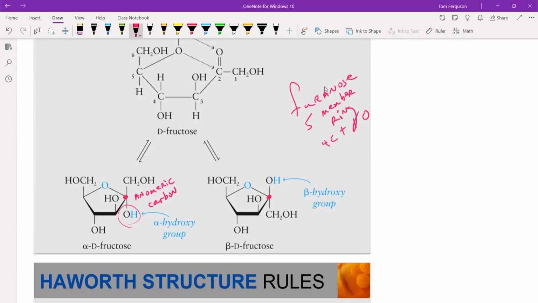Now, with a furanose like fructose, it also pivots this guy. So the OH and this 1 carbon alcohol piece up here is going to be flipped with the OH.